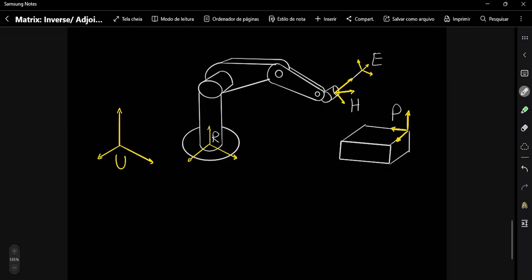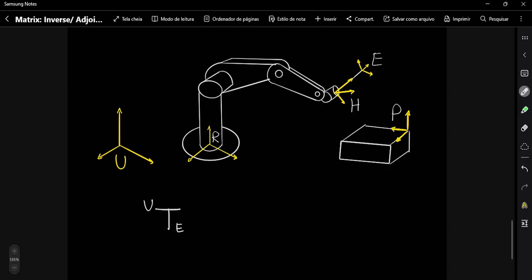So just from knowing what this robot has to do, we can already write a transformation. The transformation of the frame E in relation to the frame U.